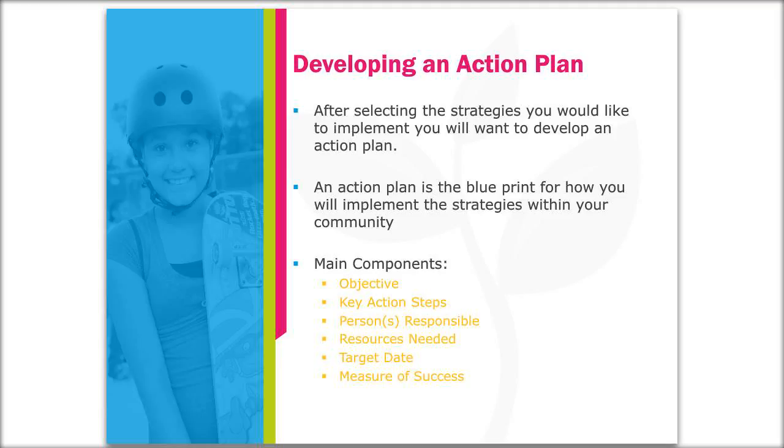So there are some key components of the action plan. Those are the objective, your key action steps, the person or persons responsible, what resources are needed, the target date, and the measure of success. So now we're going to dive a little bit deeper into each of those components.